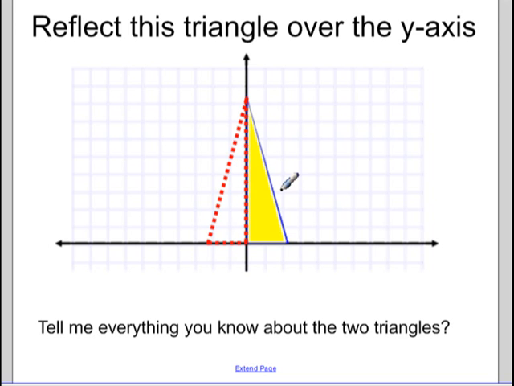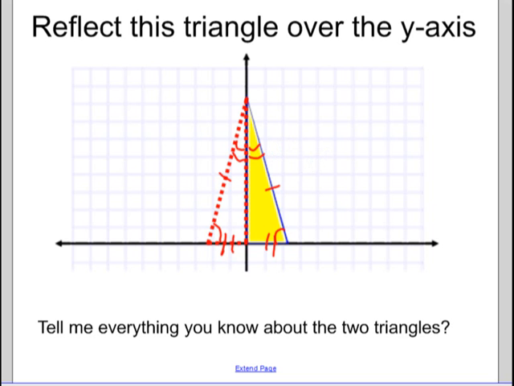Same shape, same size. So this side and this side have to be congruent, and this side and this side have to be congruent. And this angle and this angle have to be congruent. This angle and this angle have to be congruent. Lots and lots of good stuff there.